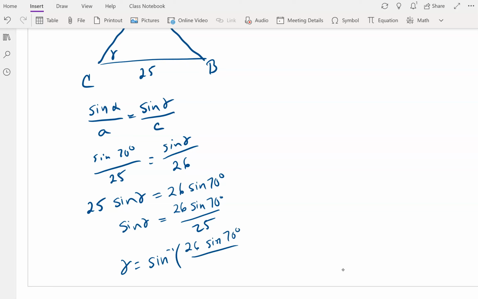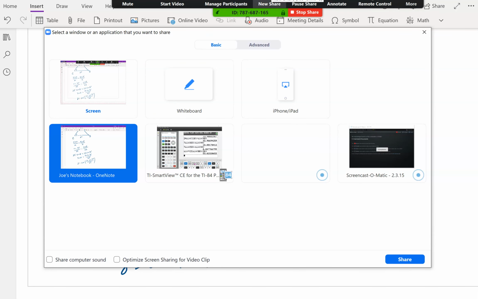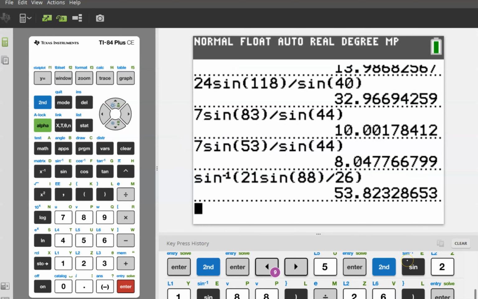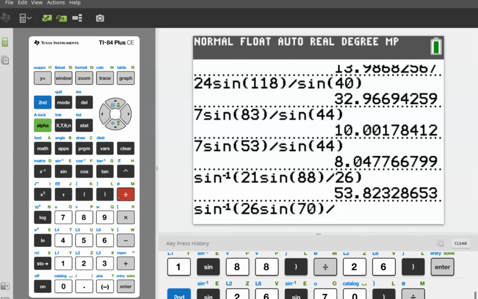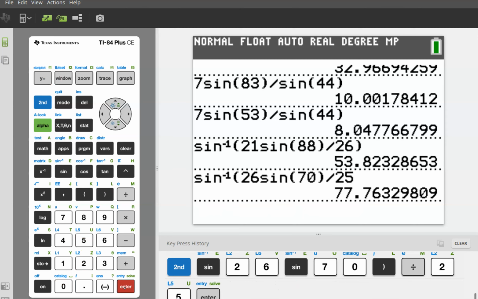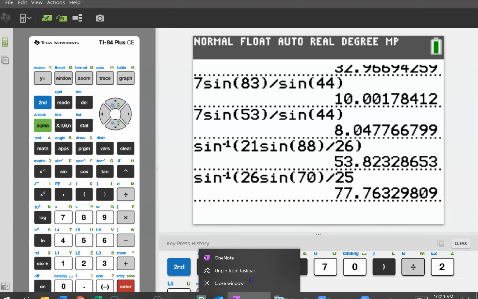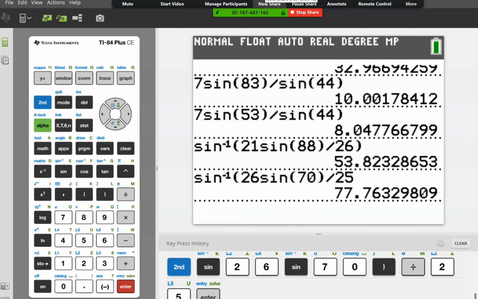It says inverse sine of 26 sine of 70 over 25. Now it's time to flip over to the calculator. Inverse sine of 26 sine of 70 divided by 25. We get 77.7633.